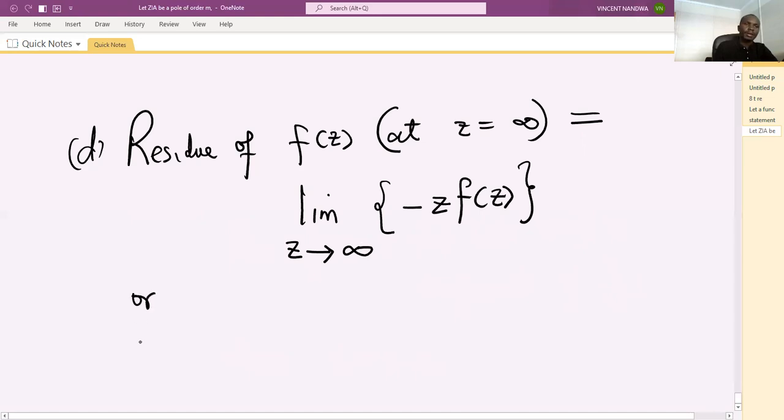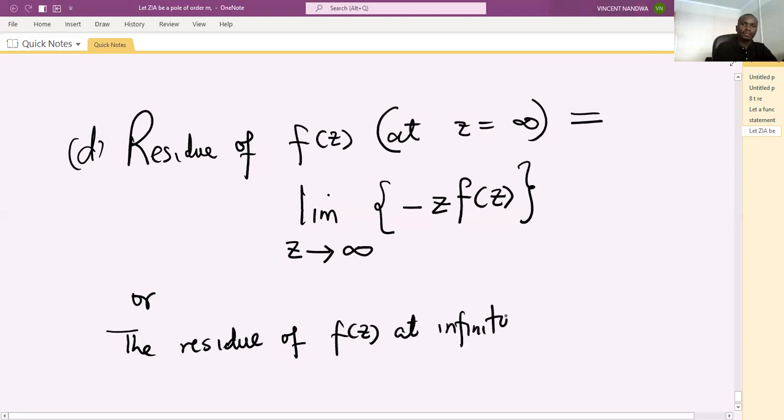Or the residue of f of z at infinity is given by minus 1 over 2 pi i times the integral along C of f of z dz.